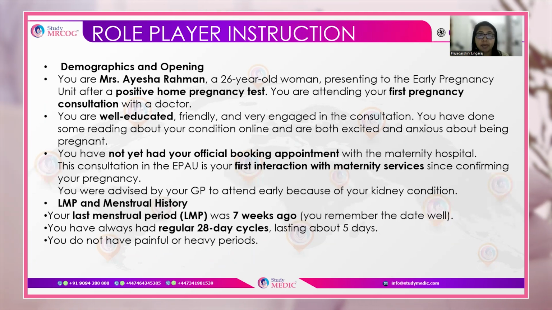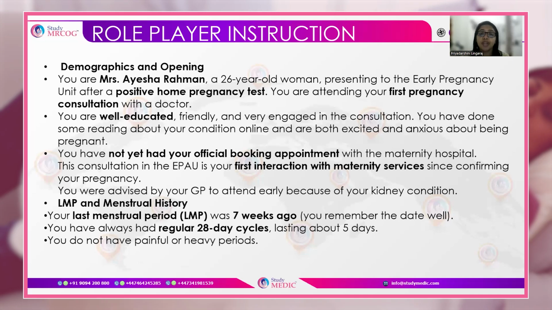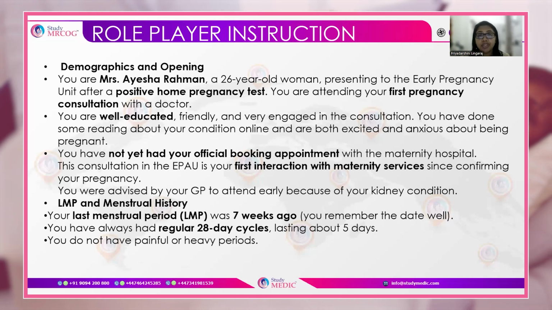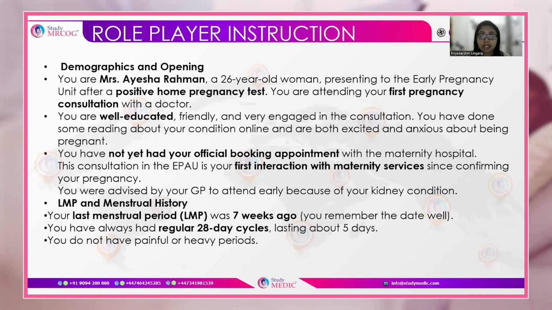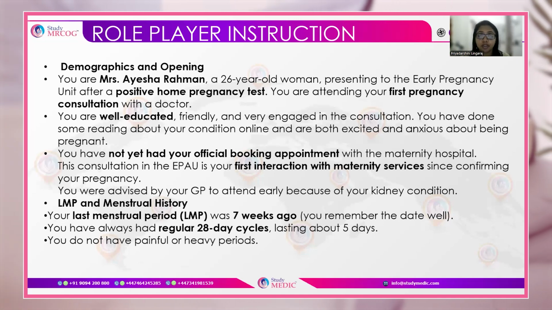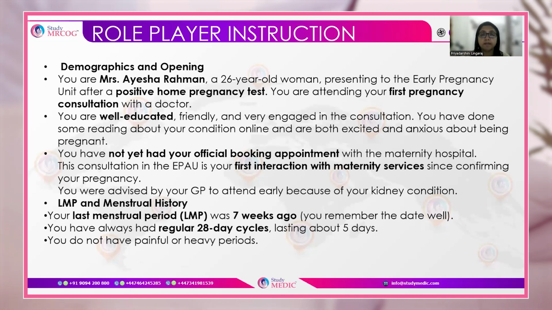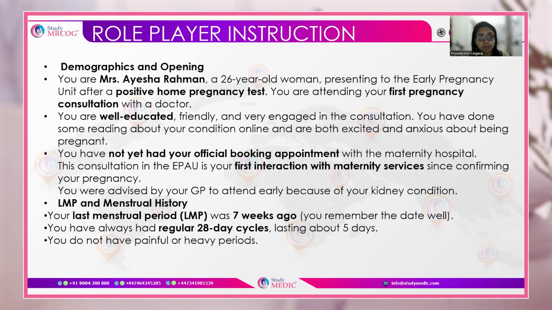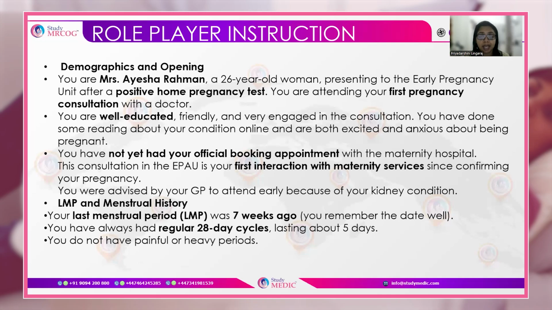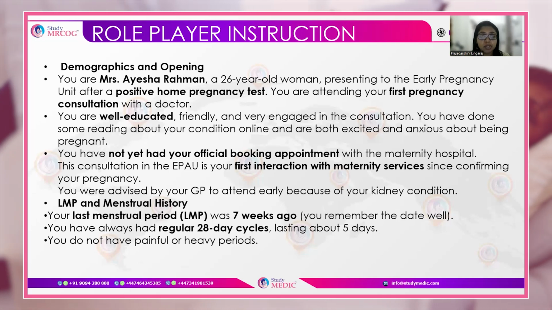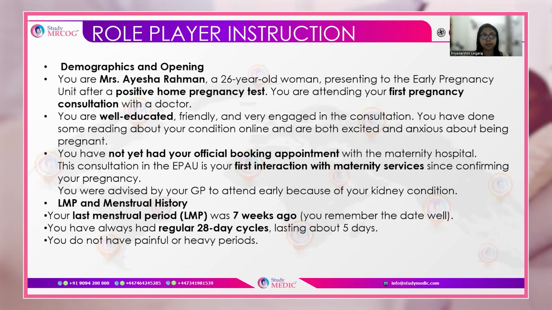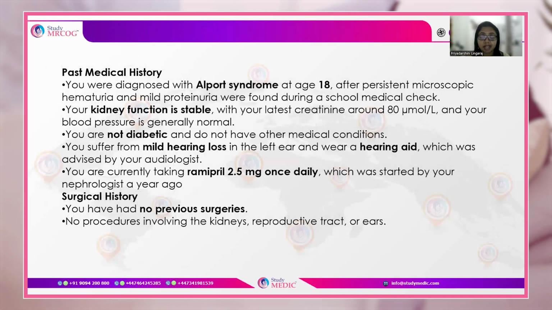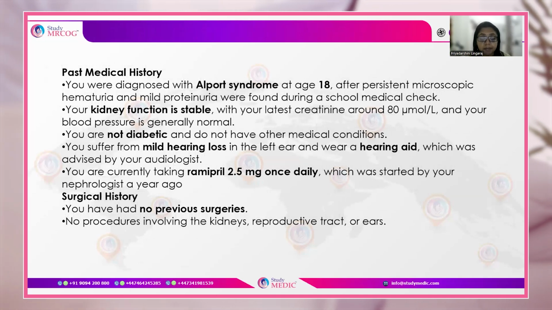Do not take it lightly; you cannot just shoot in questions without assessing the mental state of the role player. So always have a formal introduction, and then start off with your questions. Whatever the role player is telling you, try to acknowledge it. If you have to feel sorry, bring it out in your body language and also express it to the role player. So these are all the role player instructions. As you can see, a lot of information is provided to the role player.